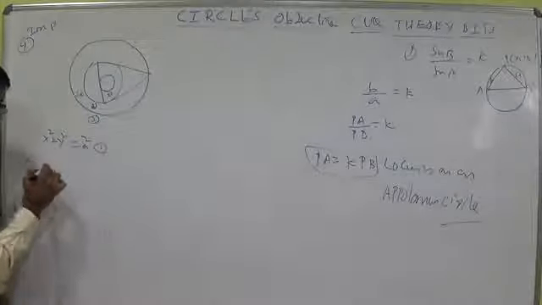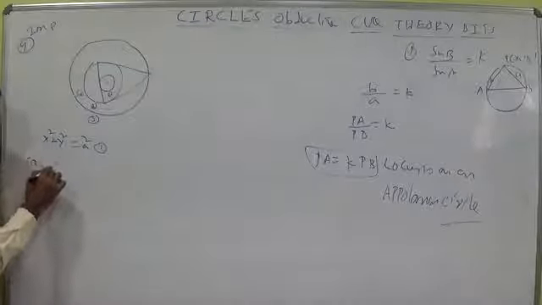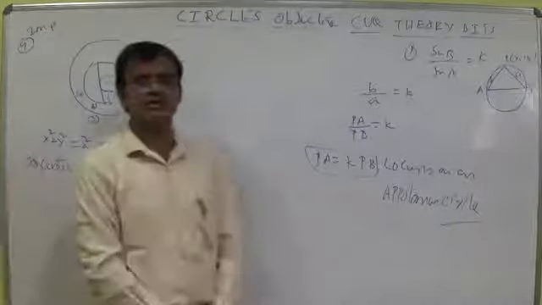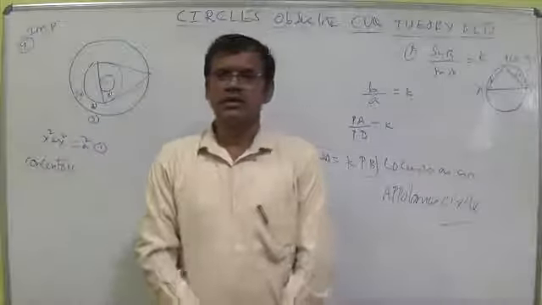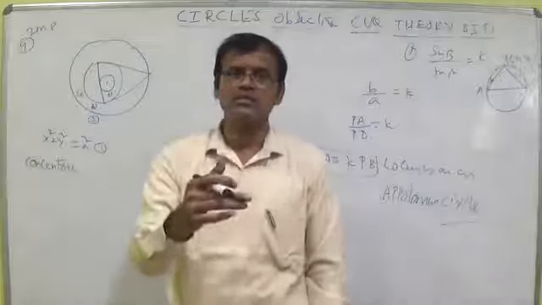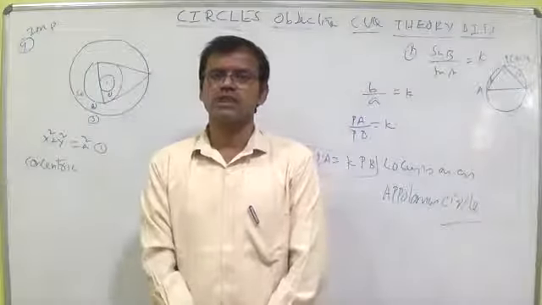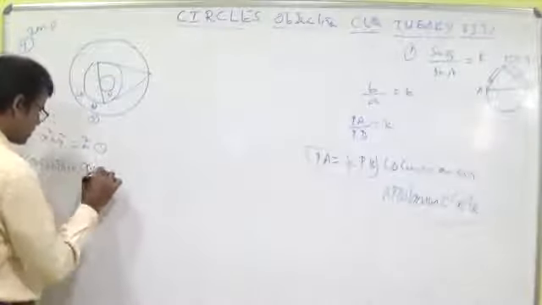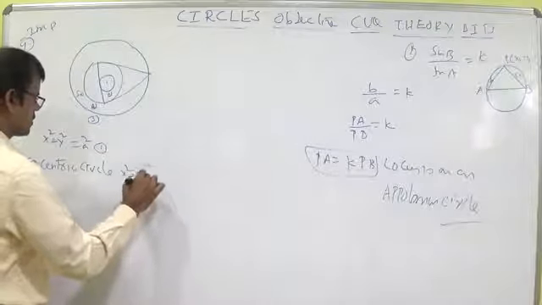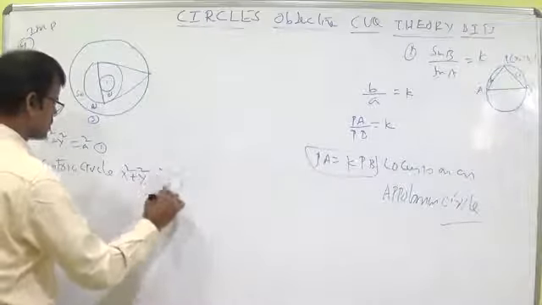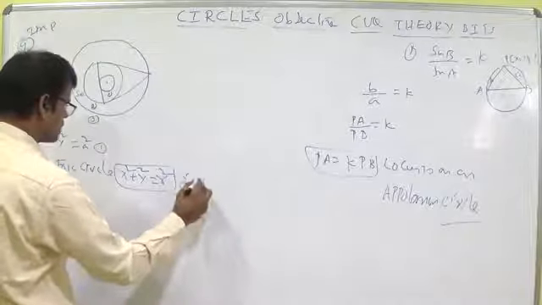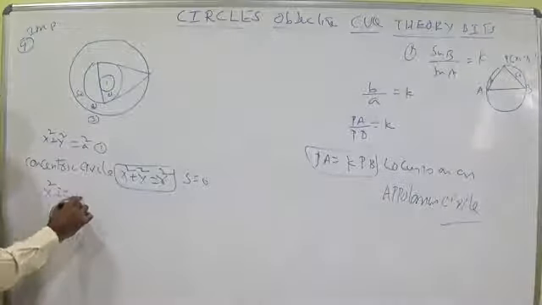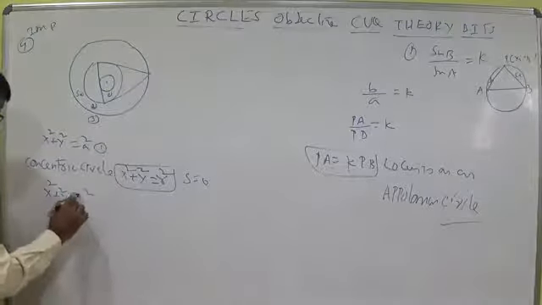He gave x square plus y square equal to b square outside. The concentric circle, let it be x square plus y square equal to r square. This one you write as x square plus y square equal to r square. This is S equal to 0. Next, the third circle is x square plus y square equal to b square.